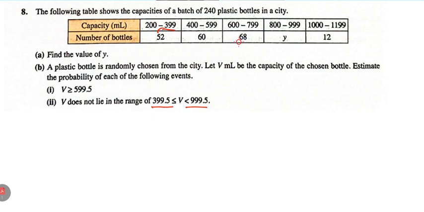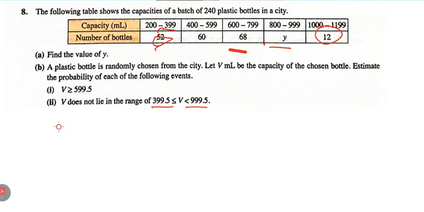So the bottles within the range are 400 to 599 with 60, 68, and 48. To find the values that do not lie in that range, we have 52 and 12.